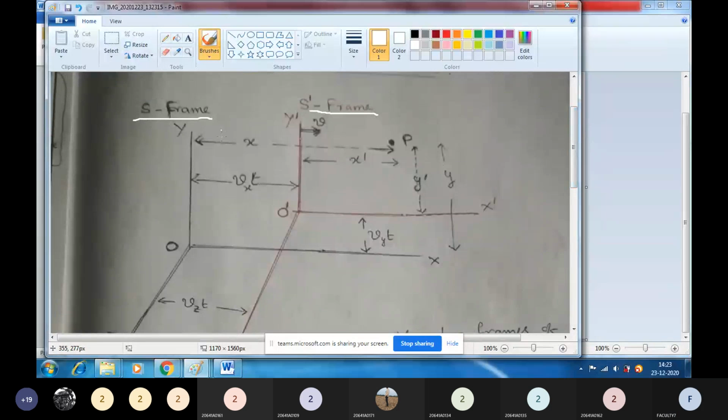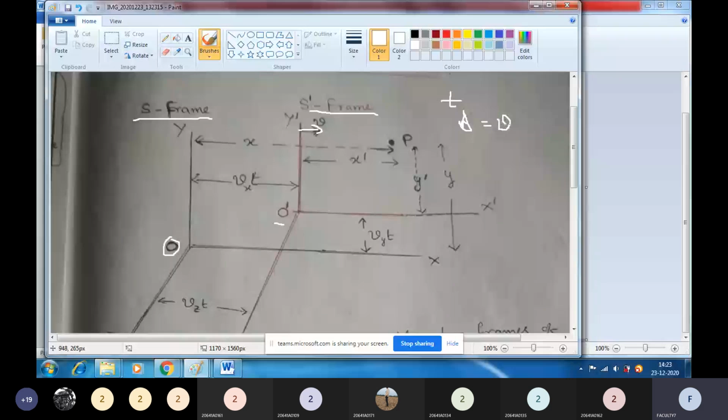The black color frame is the first frame having the origin O. The second frame is at the origin O prime. The second frame has moved with some constant, uniform velocity v for a particular time period t. How can you give the distance here? Distance d can be given as velocity into time.